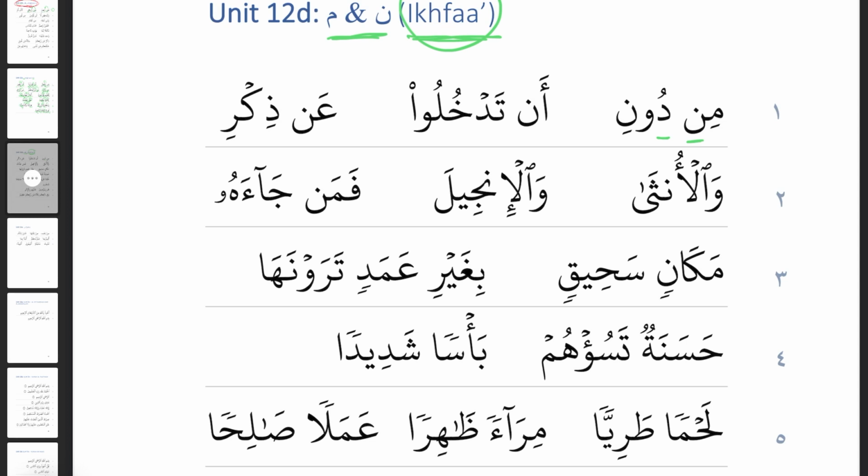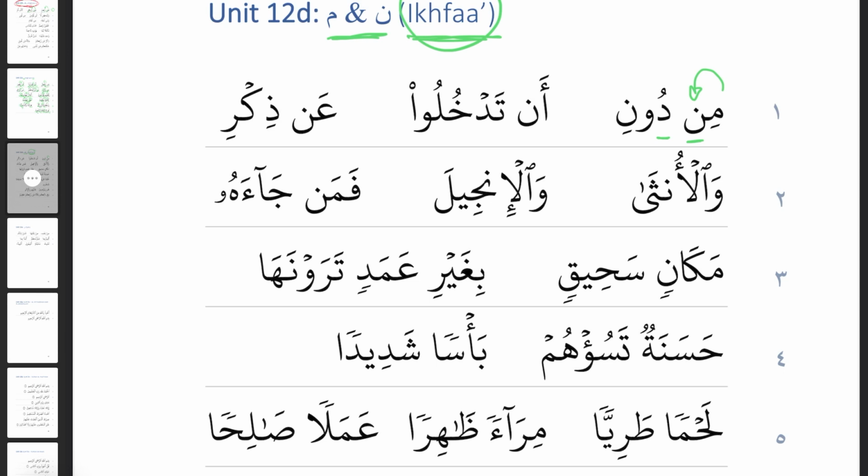As with all things, I think theory has its place, but it's pretty pointless if you don't put it into practice. So I will read this first example. We have the meem with the kasra, the noon with nothing on. So this is mim, and you hold the ghunnah here. Why is it hidden?